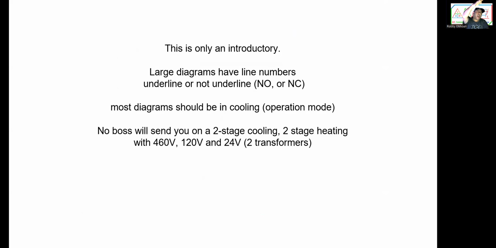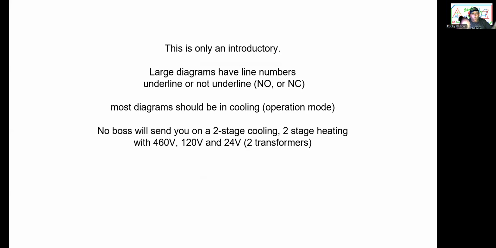Large diagrams have numbers on the side. You have a coil here for a relay and numbers next to it. The numbers are the lines on the load circuit saying what's open, what's closed, when it's underlined, when it's not. No boss is going to send you to a 20-ton, two-stage cool, three-stage heat unit from the first year on the job.